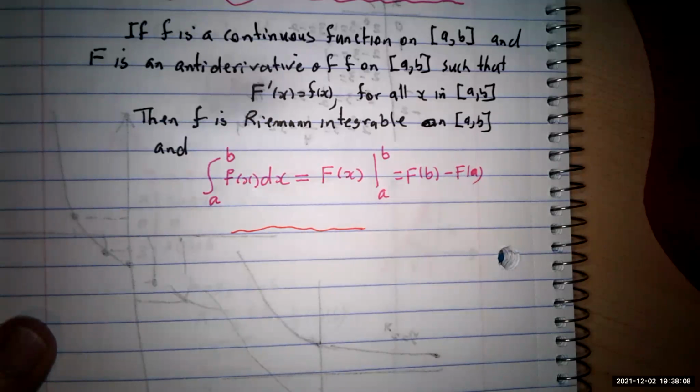In algebra, what is the most important result? The fundamental theorem of algebra. In algebra, you solve equations. If the degree of the equation is 1, you get 1 solution. If the degree is 2, you get 2 solutions.